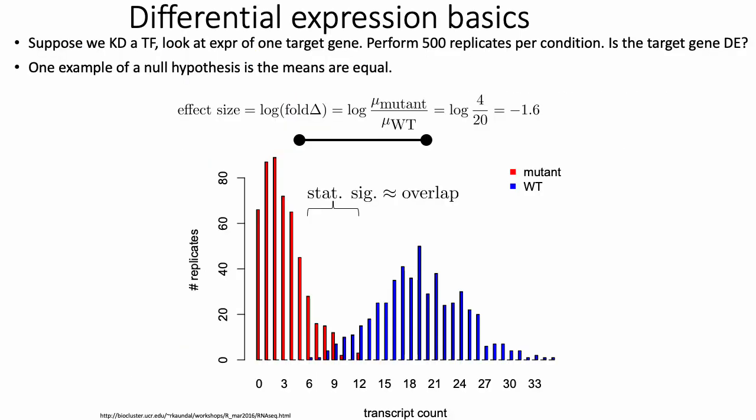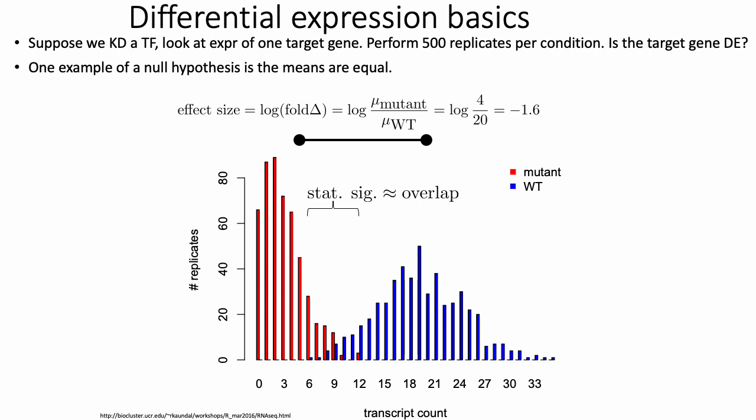One of the most frequent use cases of RNA-seq is to identify differentially expressed genes between two or more conditions. For example, if you were interested in identifying the targets of a particular transcription factor, one way to do that would be to measure the expression level of every gene in the genome before and after you knock down or knock out that TF.